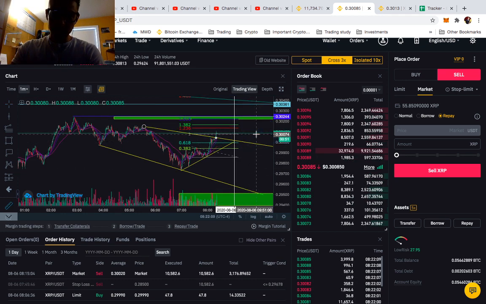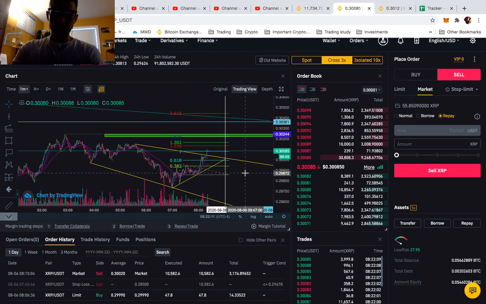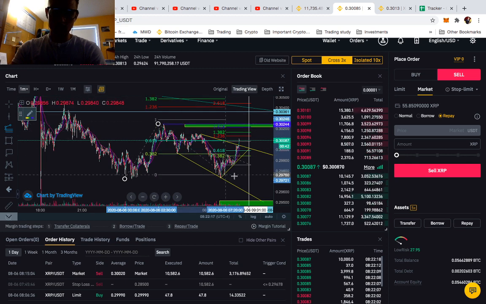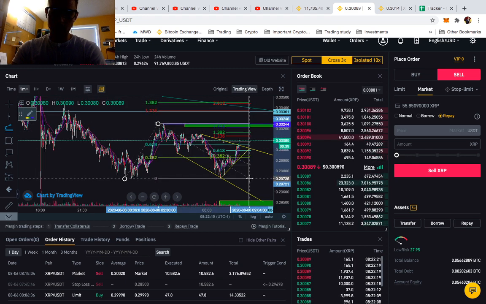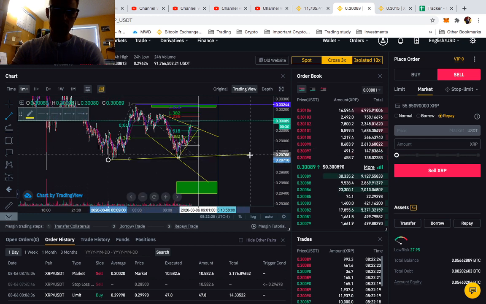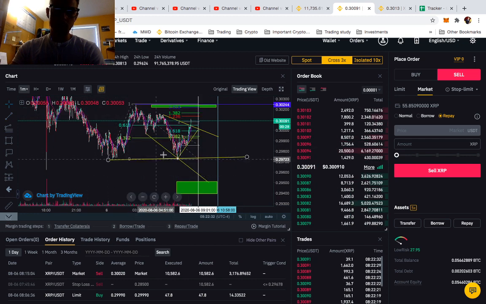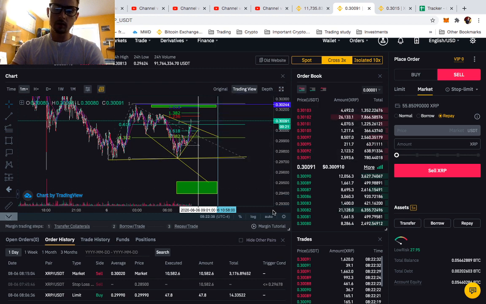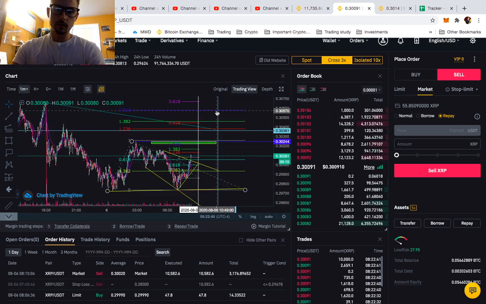I kind of screwed myself for about a 1% gain. And here was the actual target that I was looking at, right here. The target I was looking at was this right here, 61.8.